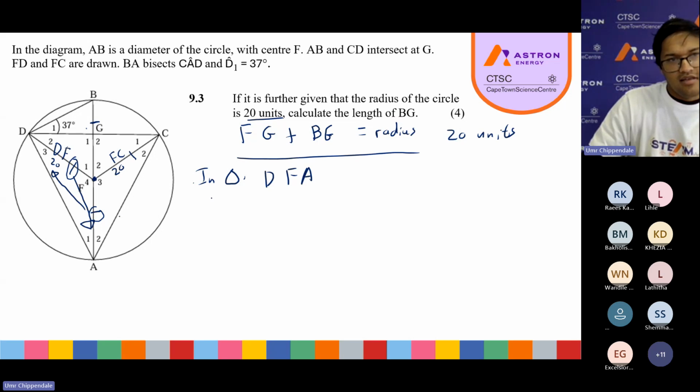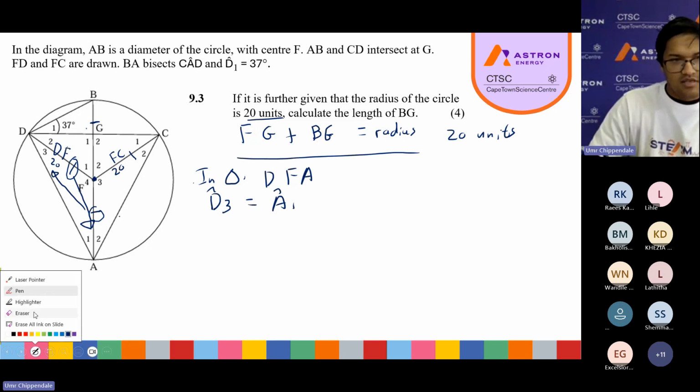Therefore, we can state that angle D3 is equal to angle A1, because we have it like that. Same reasoning, let's just erase this quickly.